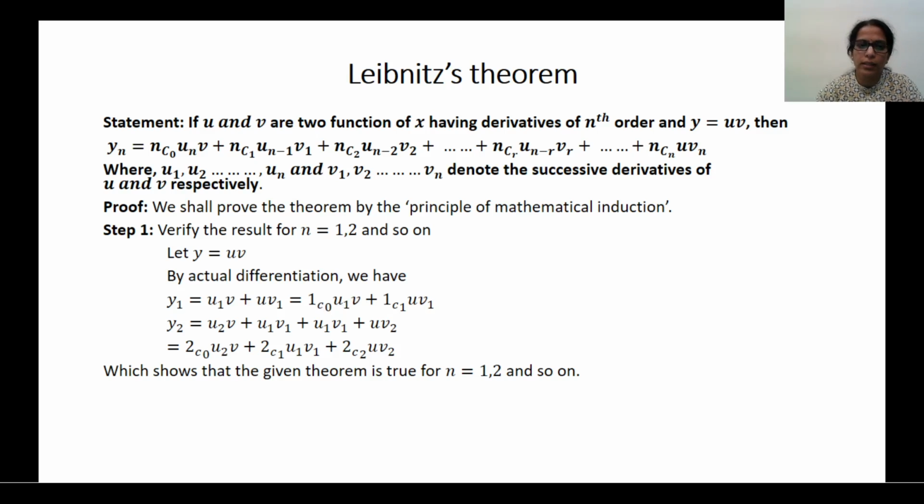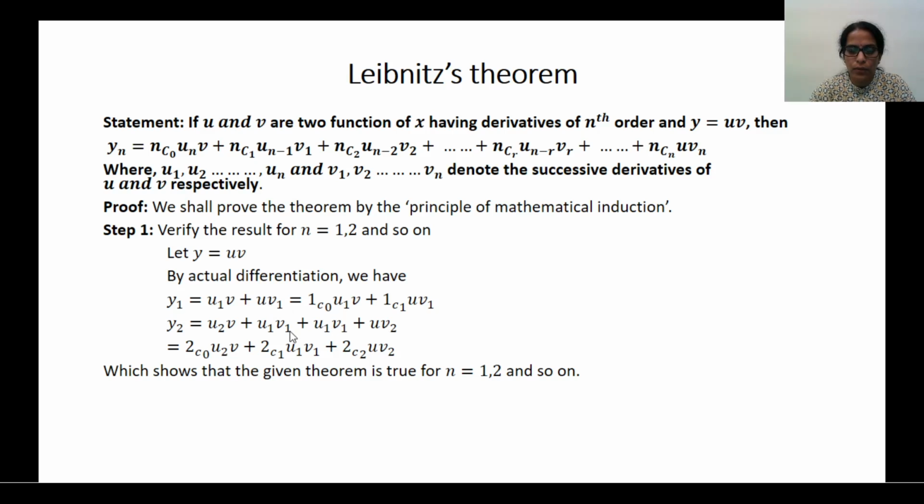Again, y2: differentiate the given function. Again applying the product rule, you will get u2 into v plus u1 into the differentiation of v, which is v1. Now go for the product rule for this term: it's u1 into v1 plus u into v2.